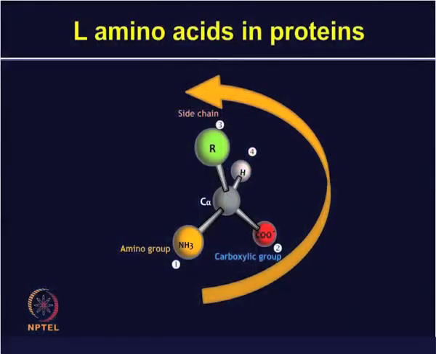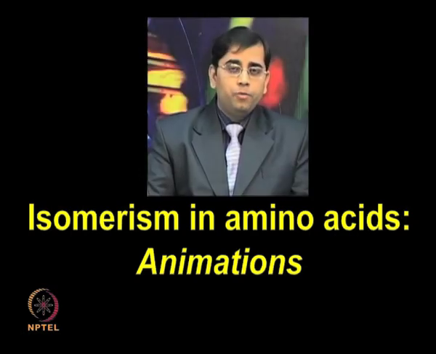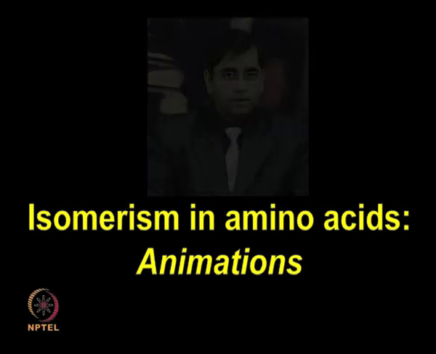All the L amino acids have S configuration, which describes the counterclockwise direction as shown here from highest to lowest priority groups, which is indicative of a chiral center with the S configuration. Some of the isomerism properties of amino acids will be discussed in the following animation.